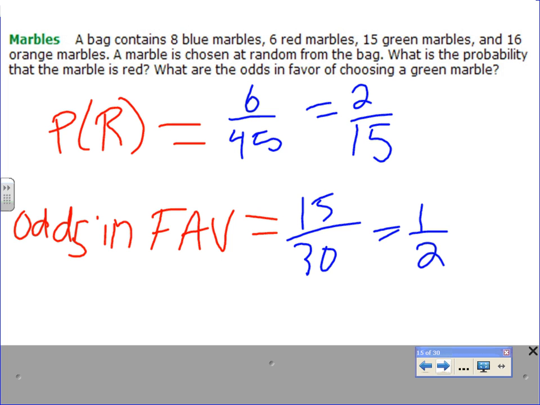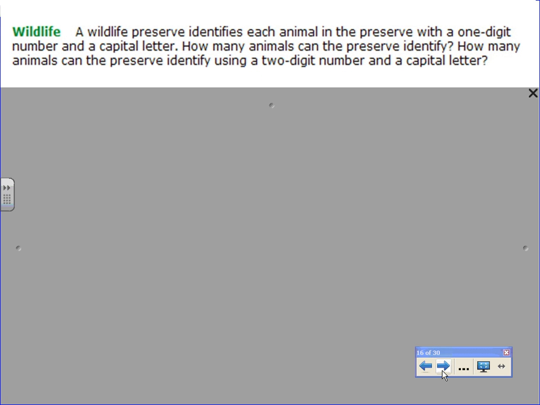Okay, let's go to the next one, which is about animals. A wildlife preserve identifies each animal in the preserve with a 1-digit number and a capital letter. How many animals can the preserve identify? And then it says, how many animals can the preserve identify using a 2-digit number and a capital letter?